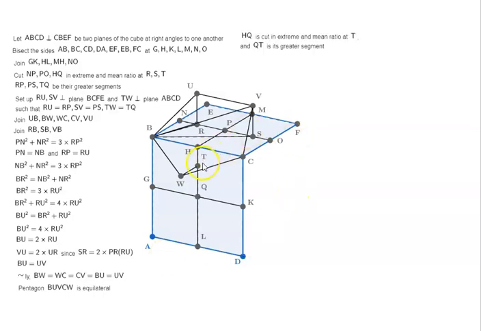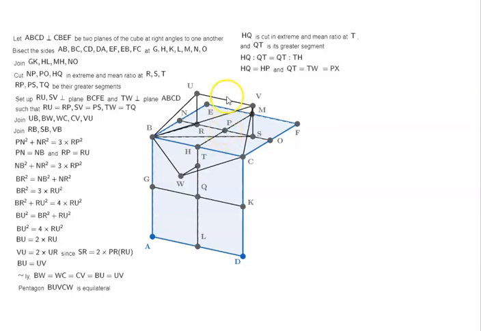Now, HQ is cut in extreme and mean ratio at T, and QT is its greater segment. That means we can write this proportion: HQ is to QT as QT is to HT. Now, HQ is equal to HP and QT is equal to TW, which is also equal to PX.